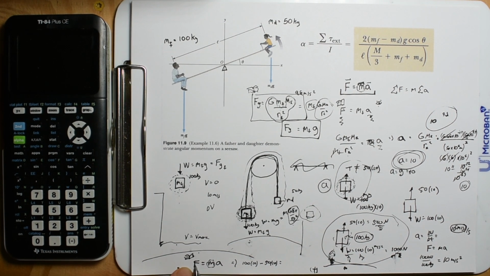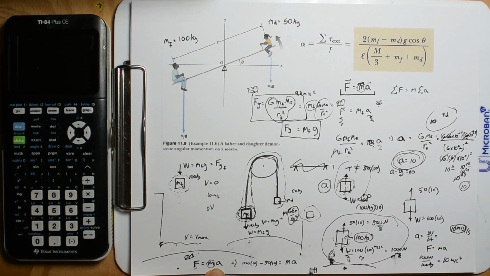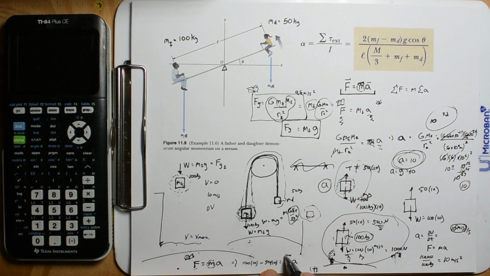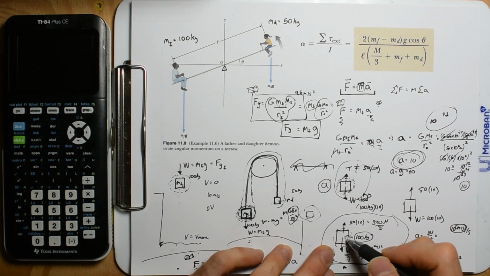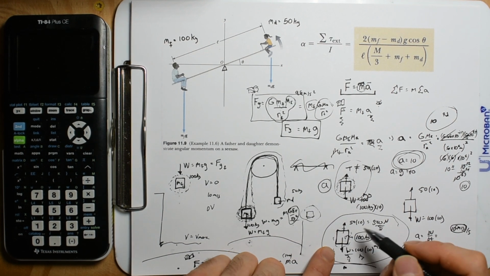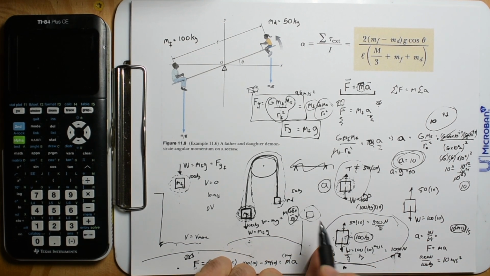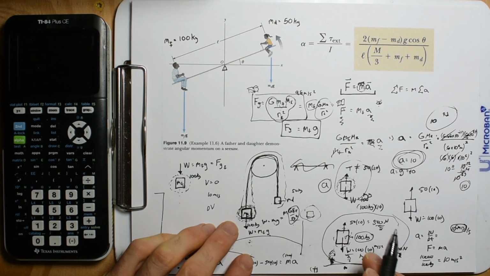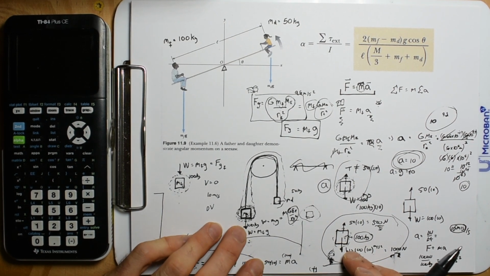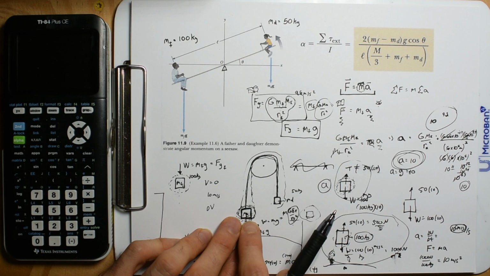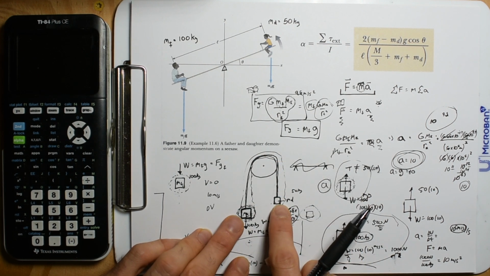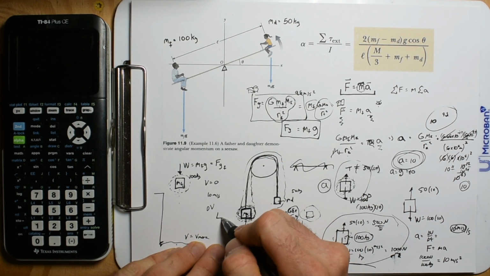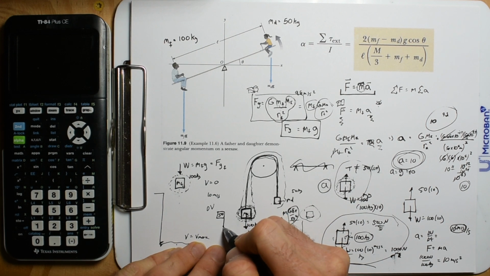Okay, so now those are the forces, and over here, I still have mass times acceleration, and this mass is still 100. I'm going over this because I've made the mistake. Sometimes I will make this mistake and think, well, if I have 100 kilograms right there, and then I have a pulley on me that's 50 kilograms, isn't that just the same thing as 50 kilograms in free fall?